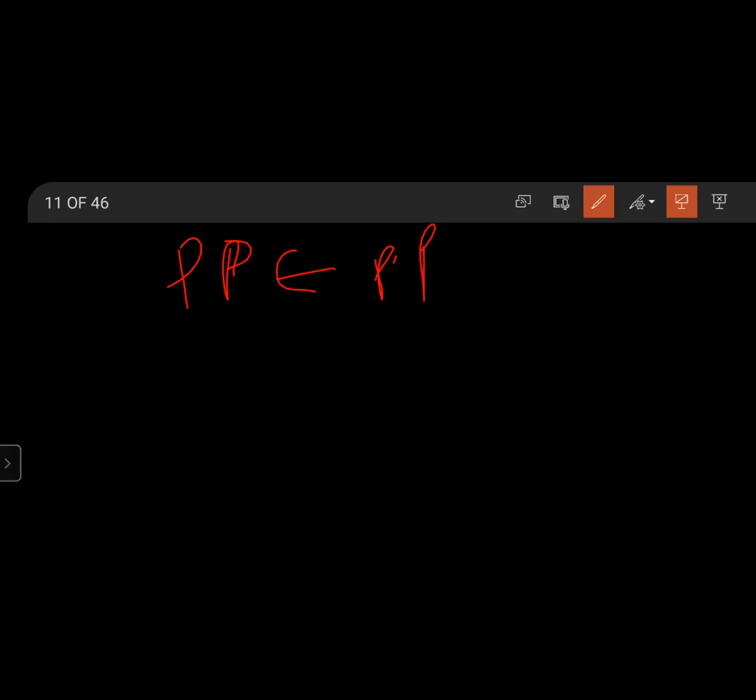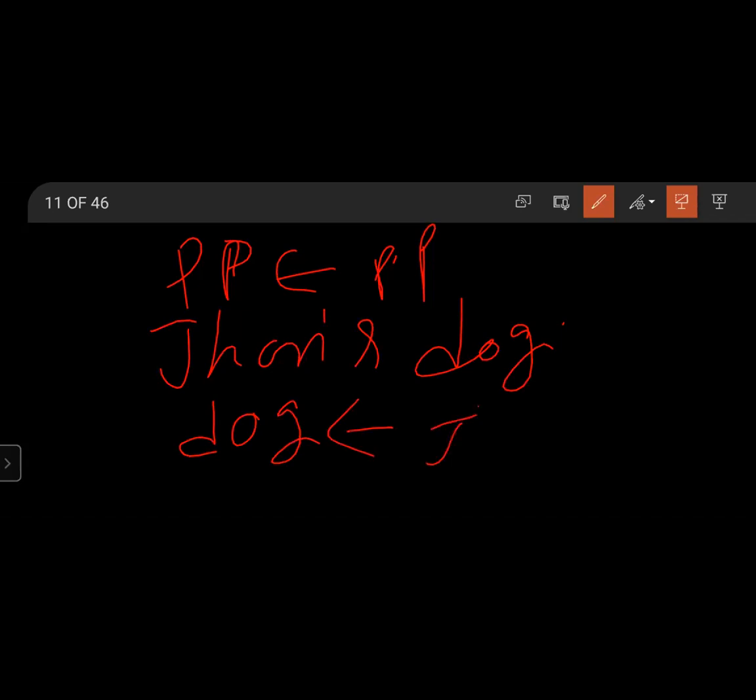For example, John's dog. In CD representation, John implies dog. Okay. This is the rule number 4. And next rule number 5. PPRRS PA.